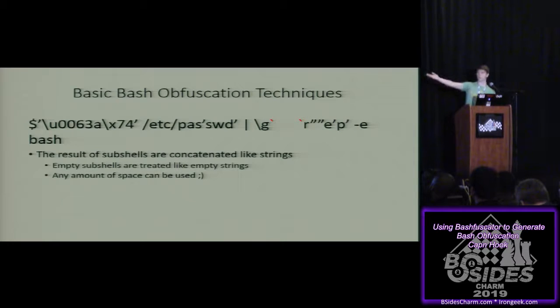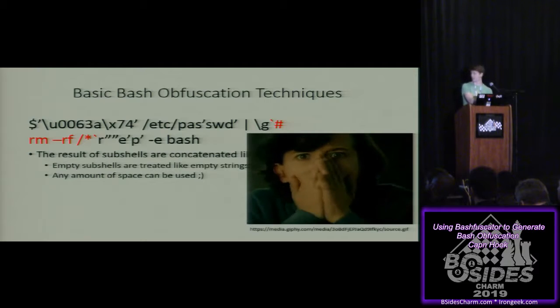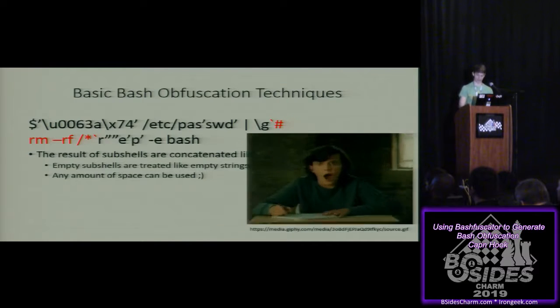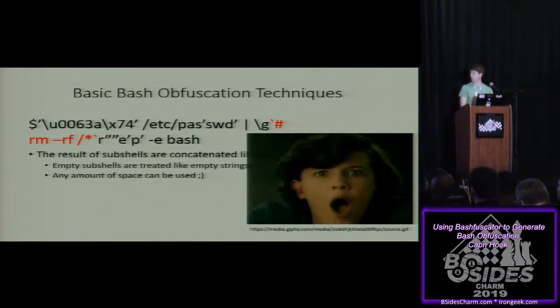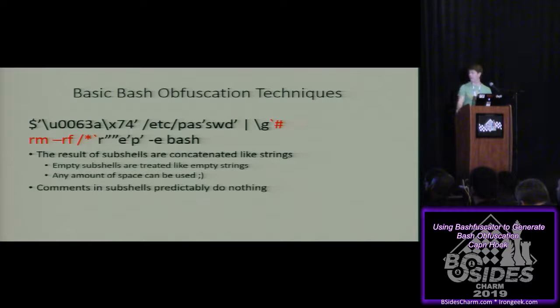You can use the alternate syntax, the old backticks, the deprecated backticks. That can be fun if you're doing a lot of single quoting, because they just blend in really well. And, oh no, rm -rf /, right? That's terrible, right? But if you notice up there, we have a pound, that's actually a comment. It's a comment inside of a subshell.